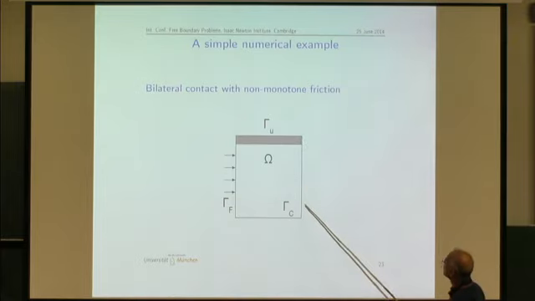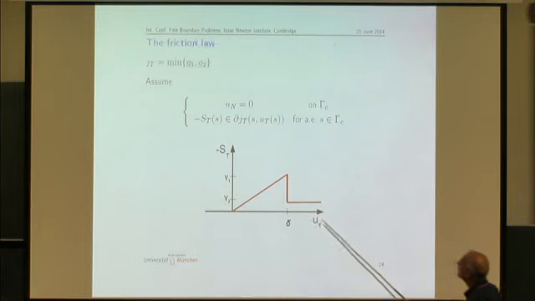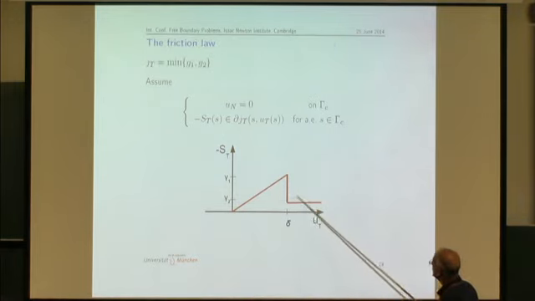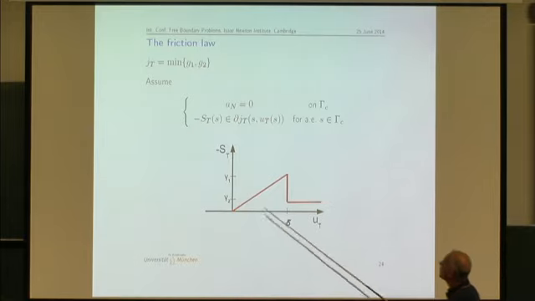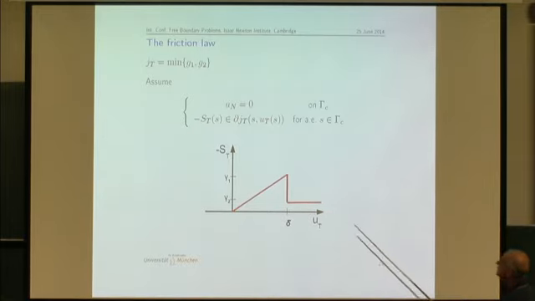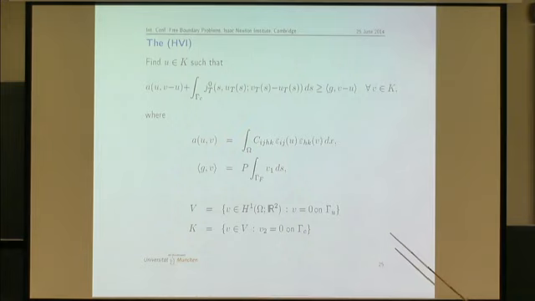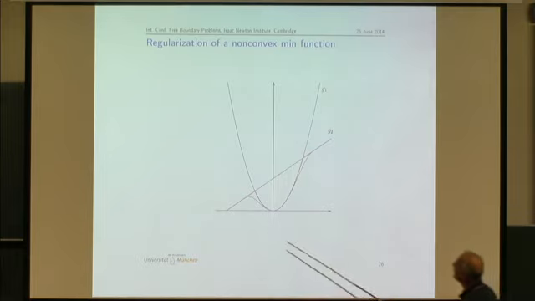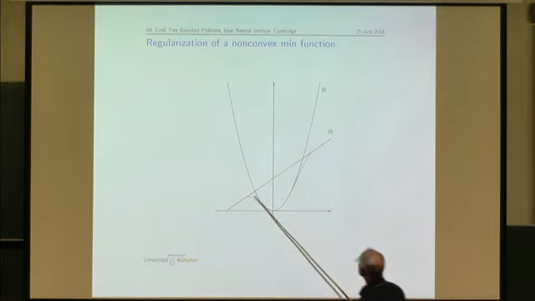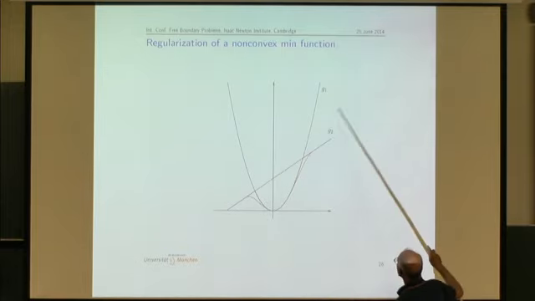It's a bilateral contact with non-monotone friction, and there is only one kink here and only one jump downwards. So it is simplified compared to the original DCB problem. And then you write down the variational inequality. Now you see how regularizing works here.